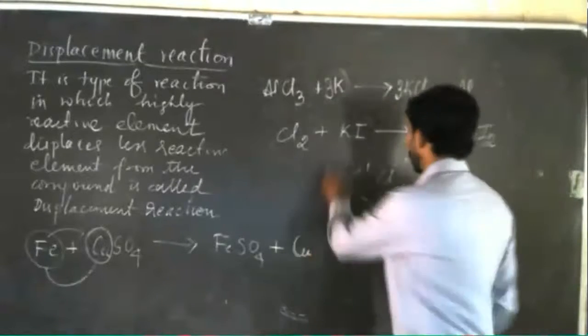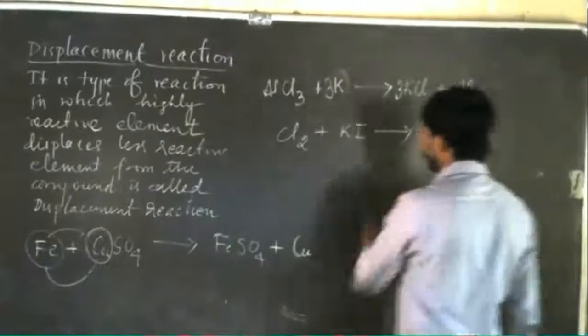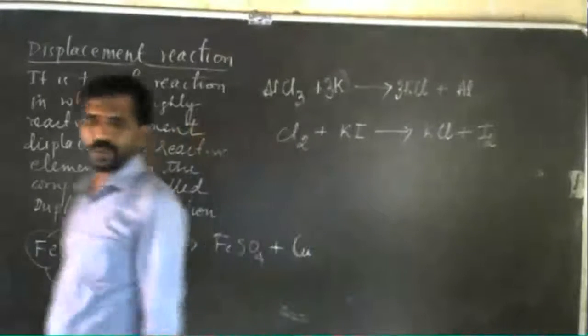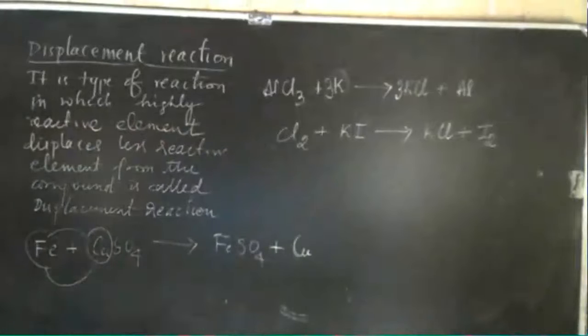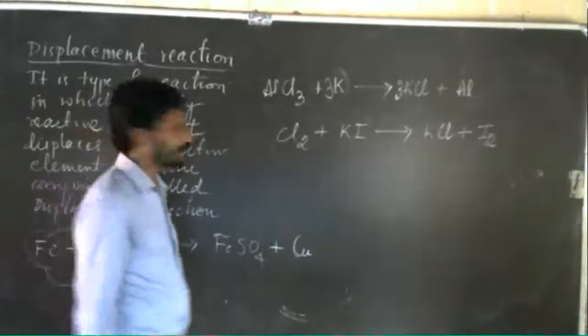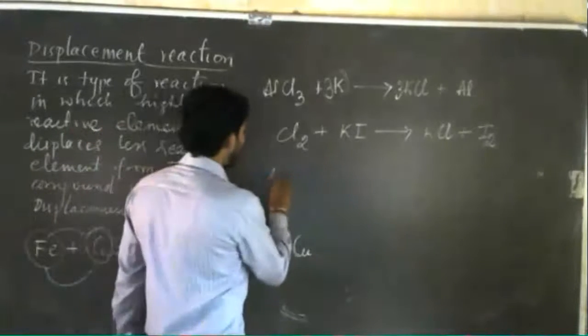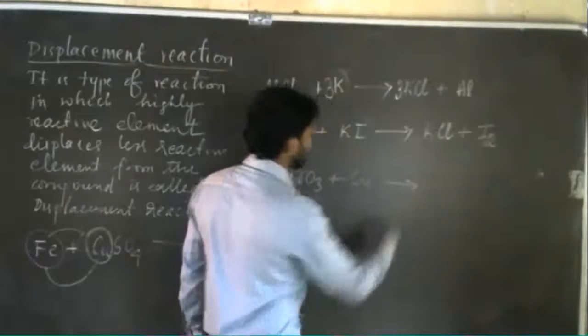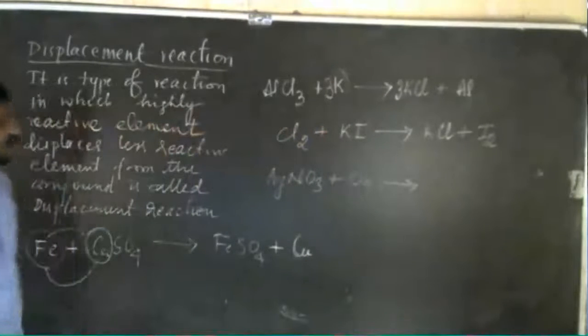Potassium K+1, Cl -1. What happened? KCl. Write KCl over here plus iodine. Iodine is also diatomic, so I2. So balance this. In this case, non-metals also undergo displacement reaction.